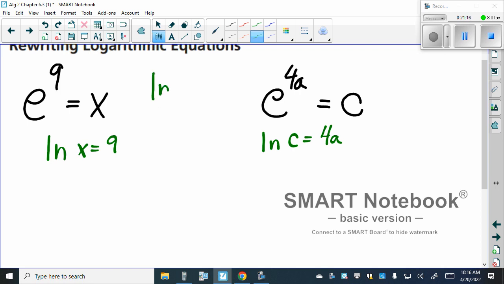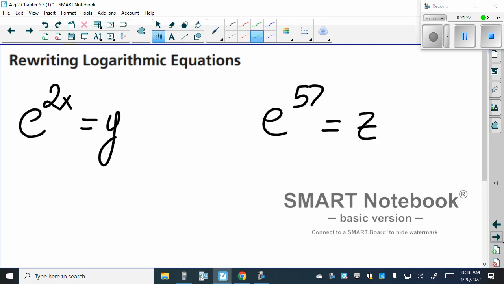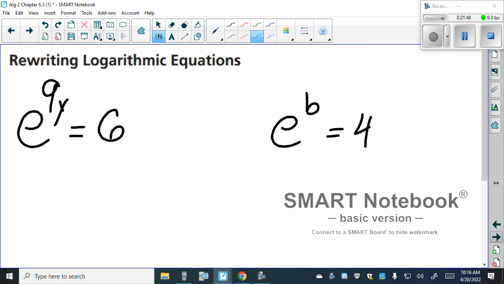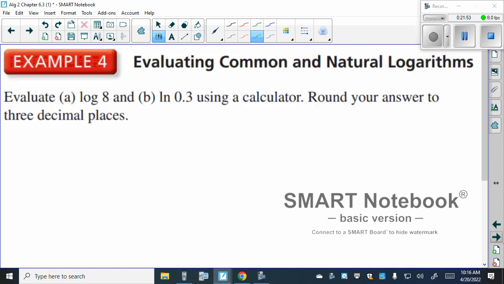Yep, because ln of x equals y is the same as e to the y equals x. e to the 2x equals y would be? e to the 57 equals z. I have a feeling we're still comfortable with these here, yes? Okay.